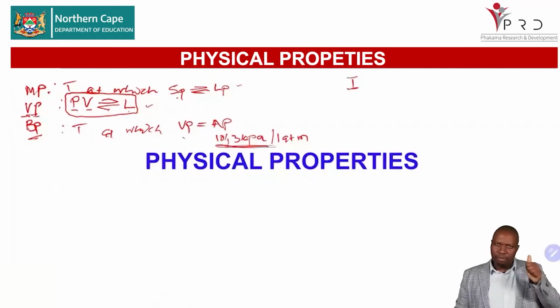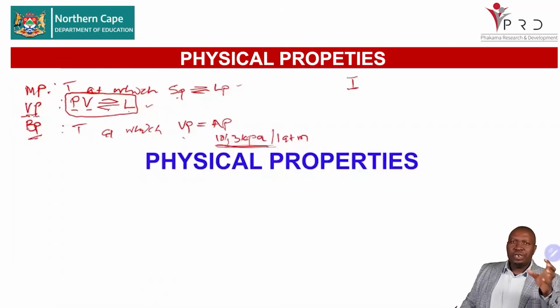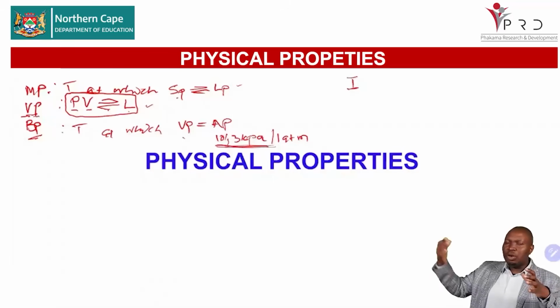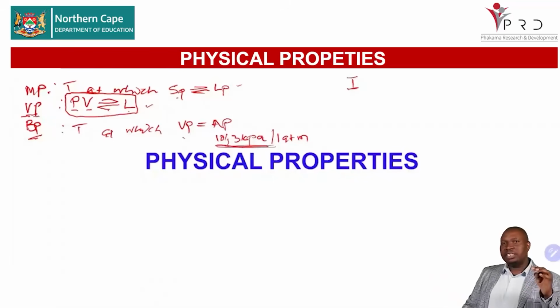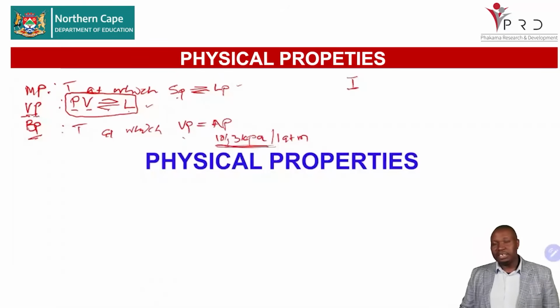For our syllabus, if we change the functional groups, you'll find that we are changing the intermolecular forces. So I will restrain it to intermolecular forces as the first factor that will affect these physical properties. And then we have our chain length.